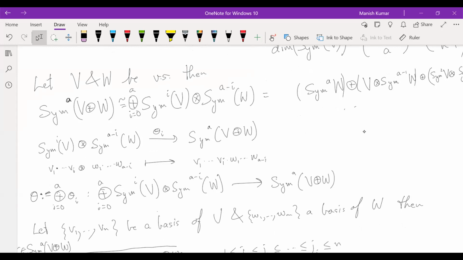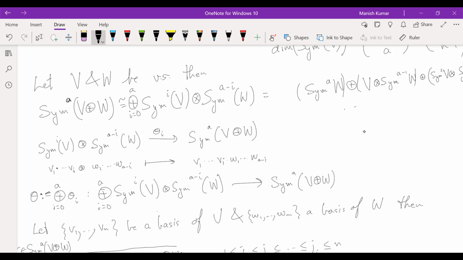Basically one should take sums of this. A typical element here doesn't look like just a product of this, but sums of this, and here also sums of this. But you expand it linearly. On these kinds of elements, you just send the pair to this product.